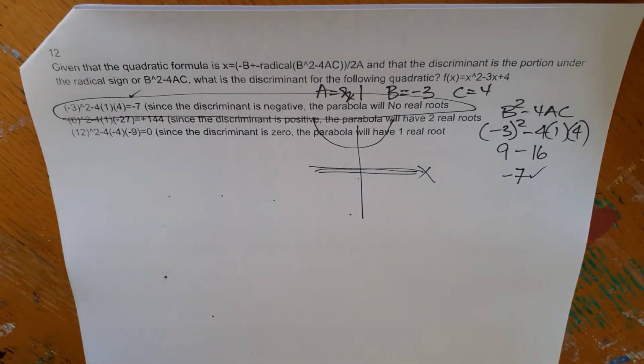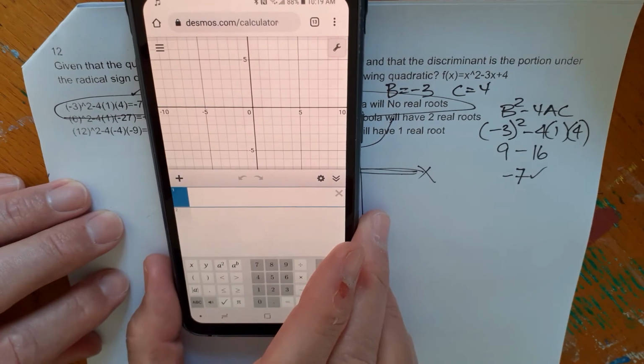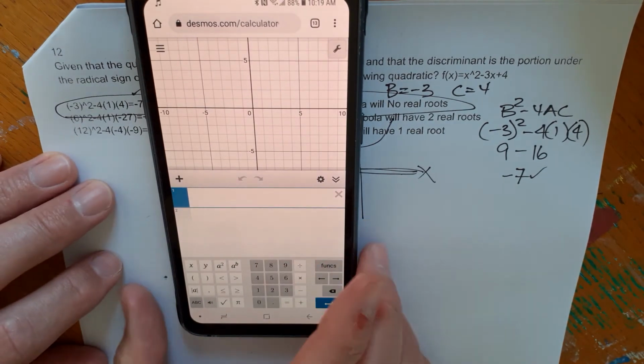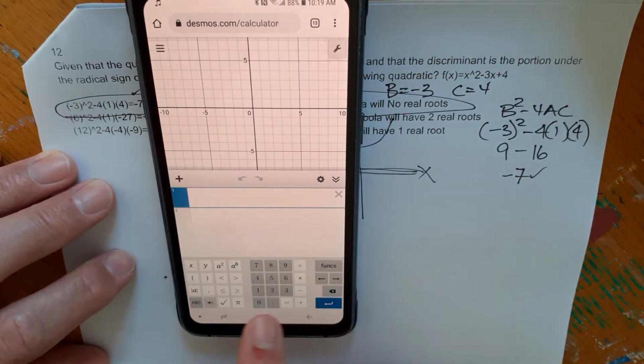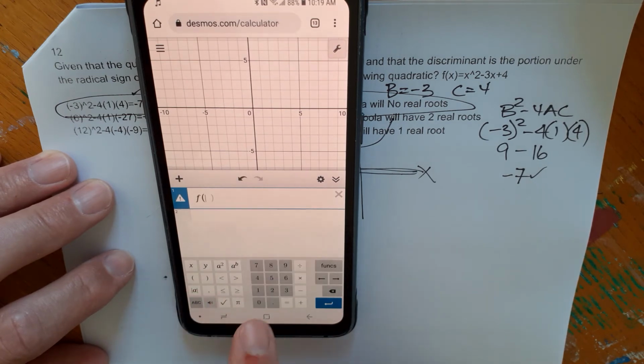One more thing maybe we can do, and I'm kind of curious to do this. Let's go to desmos.com. Let's type in f of x, which is function form, just like saying y equals.